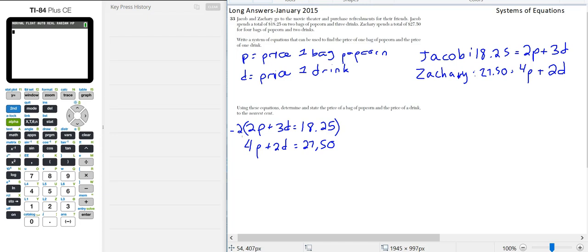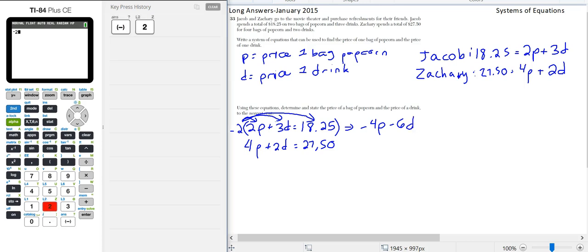If we're multiplying one term in the equation by something, we have to multiply every term in the equation by the same thing. So -2 times 2p is -4p. -2 times positive 3d is -6d. -2 times 18.25 is -36.5.